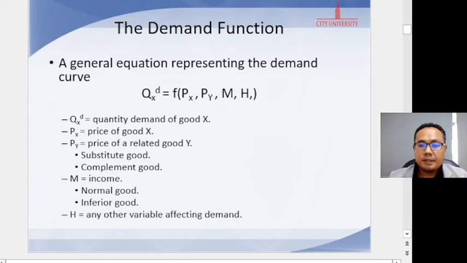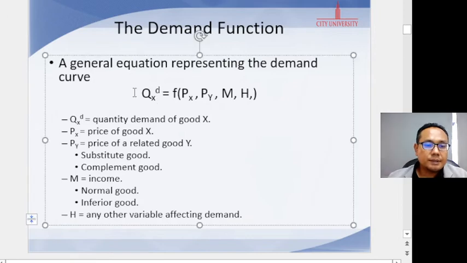Formally, we will use this kind of equation: the quantity demanded of good X equals a function of all the variables that influence the quantity demanded.